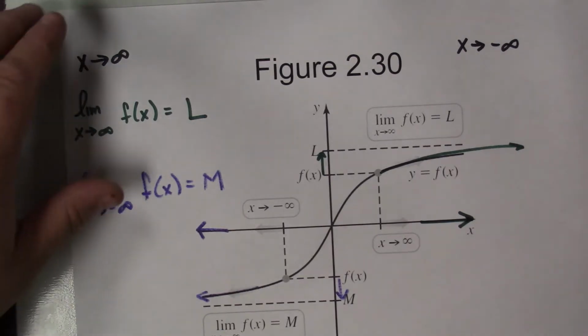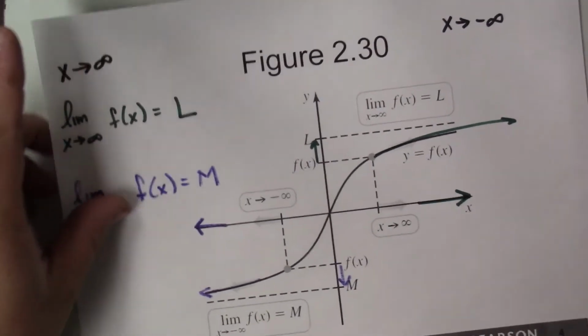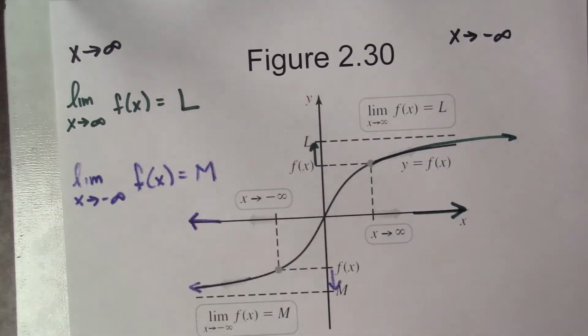Now, the last example I want to look at is figure 2.22. I apologize. Figure 2.30 is found in section 2.5 of the text, on page 71.